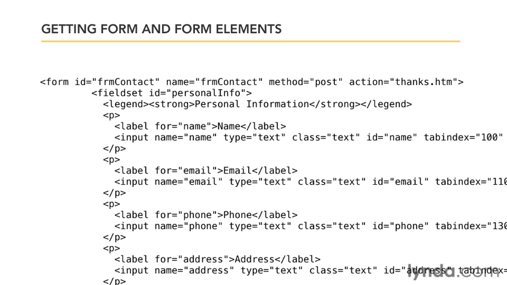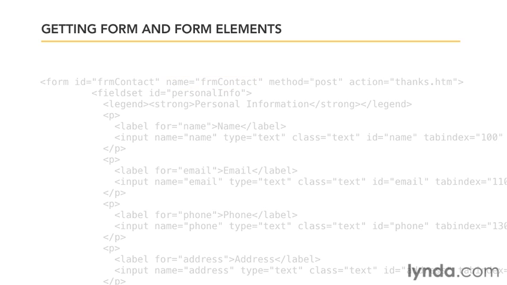Now, if you've given your form and the fields inside it their own IDs, then you can, of course, use document.getElementById to retrieve either the form or any field in the form. And if the HTML for your form has either an ID or a name property, which is quite common with forms, you can use the following format too: document.forms.nameOfTheForm.